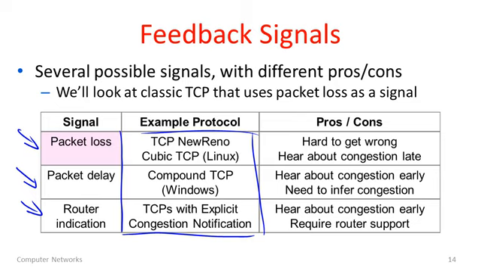It turns out that over time, congestion control has diversified, and there are many different flavors of transport protocols. For instance, TCP Reno and CUBIC TCP, which is used in Linux, are mostly based on packet loss as the signal. Whereas Compound TCP, that's now the TCP which is used by default on Windows, uses packet delay information as a congestion signal.